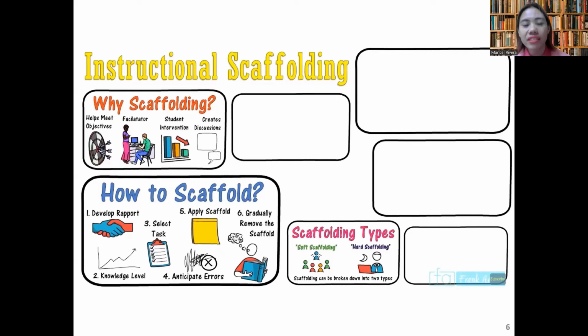So now you will apply the scaffold. How would you apply the scaffold? Basically the toddler already has an idea, no? The toddler knows you, so you have already developed a rapport between you and the toddler. The child already knows what we call these parts of a zipper and stuff like that.